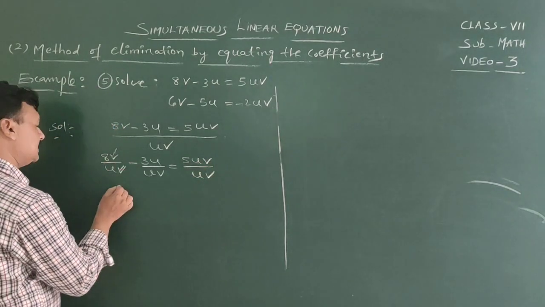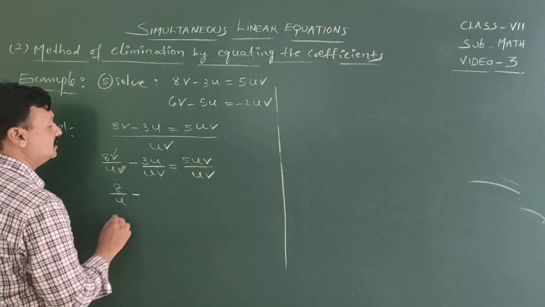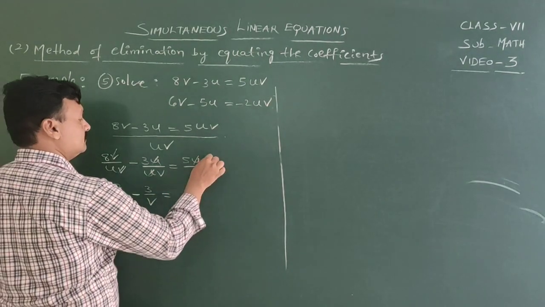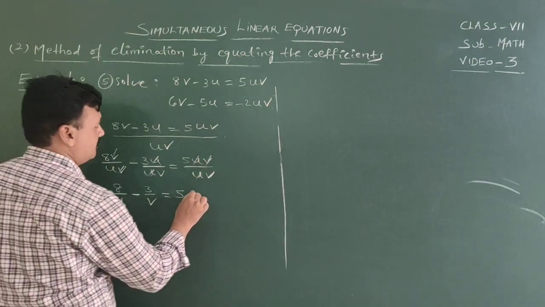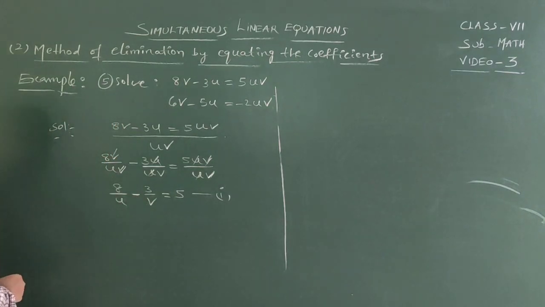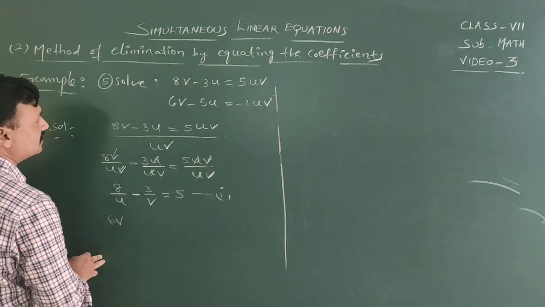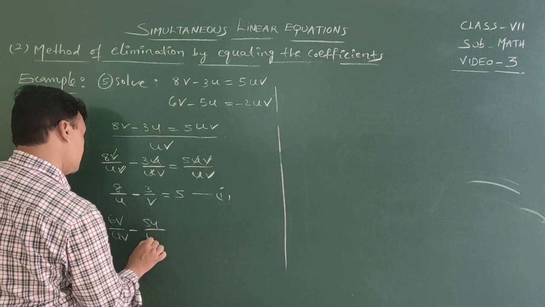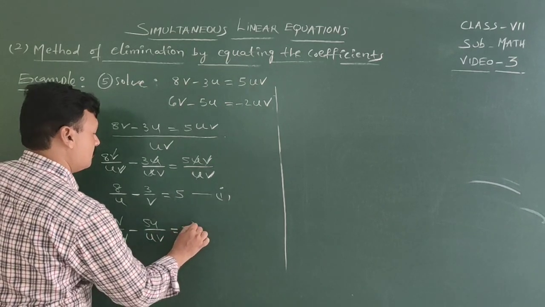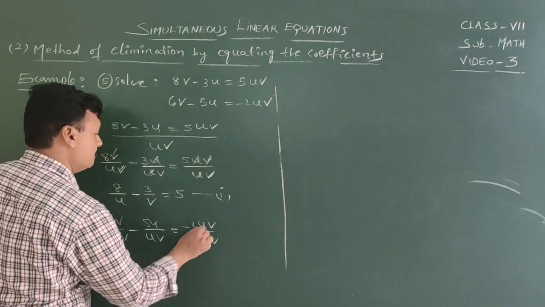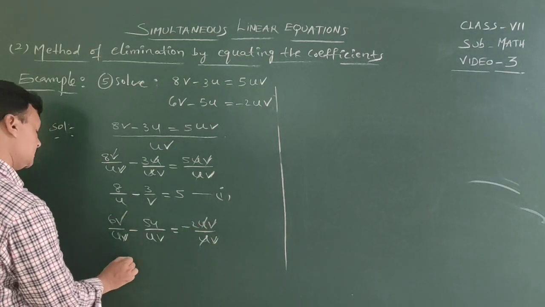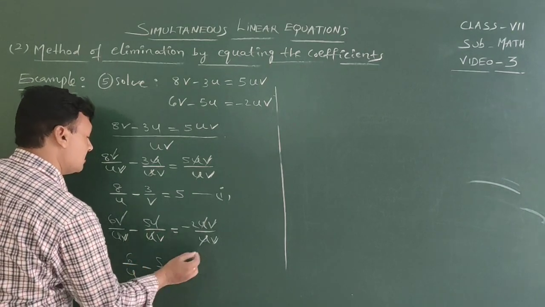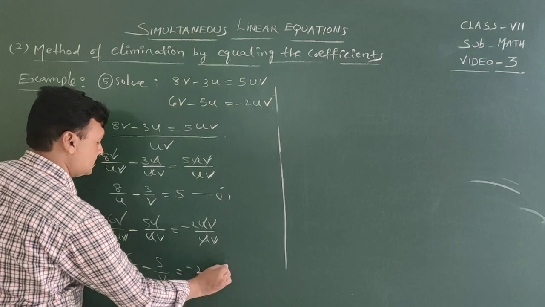Now u get cancelled, 8 by u, u get cancelled, 3 by v, 5. First equation. And second equation also, 6v by uv minus 5u by uv equal to minus 2uv by uv. Becomes 6 by u minus 5 by v equal to minus 2.